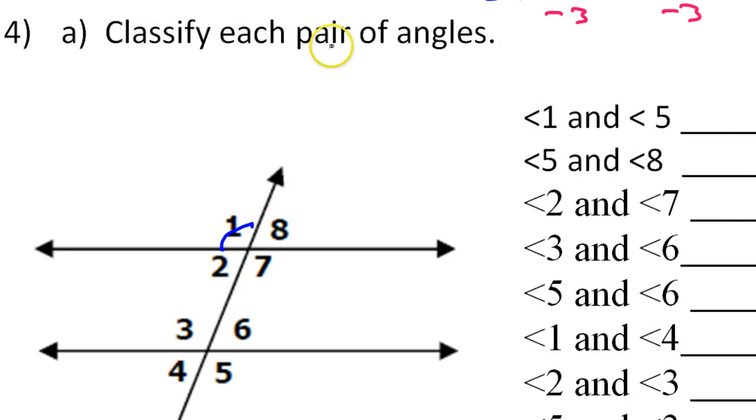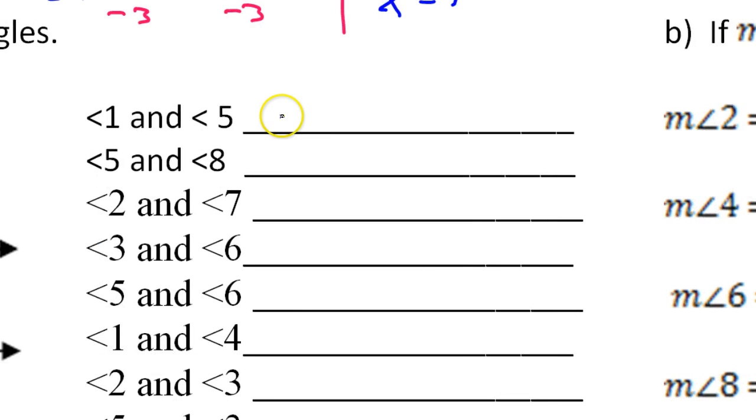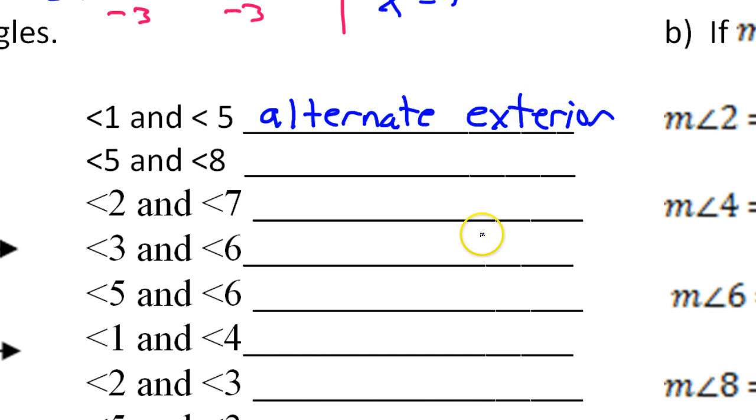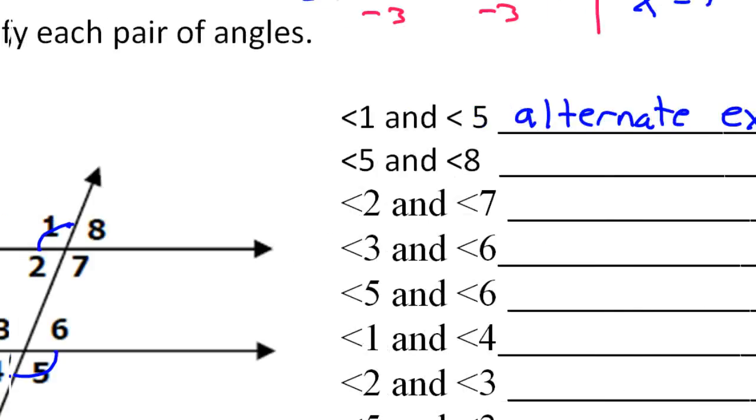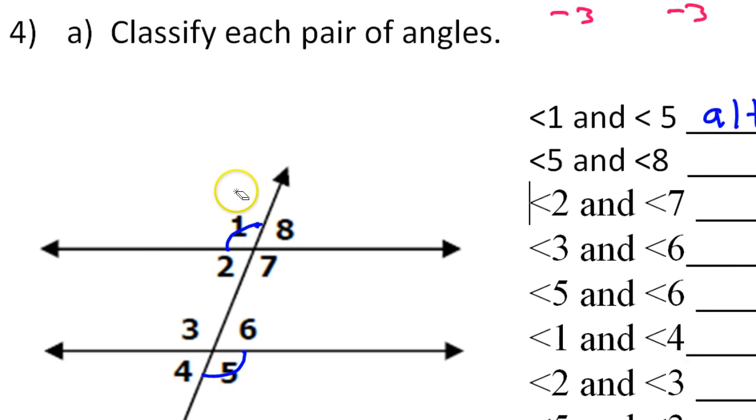So let's classify each pair of angles. 1 and 5, so here's angle 1 and here's angle 5. These are alternate exterior angles. What about 5 and 8? If these were parallel lines, those would be congruent.